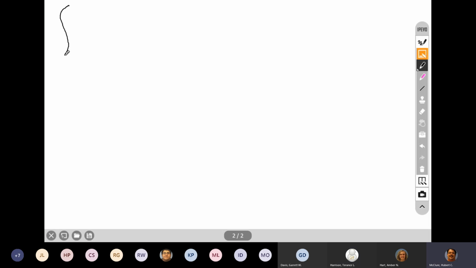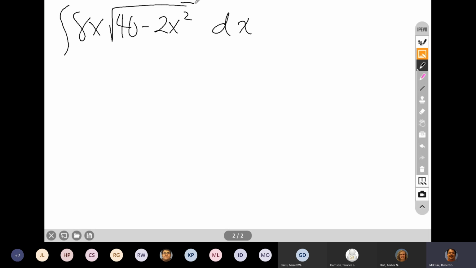Just look over it. 8x times the square root of 40 minus 2x squared dx. Now, the first thing I would do is I would rewrite it not only with the radical, but I would also rewrite it because I want that 8x to be where?